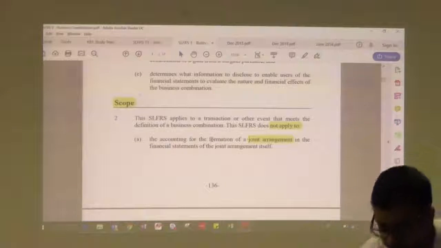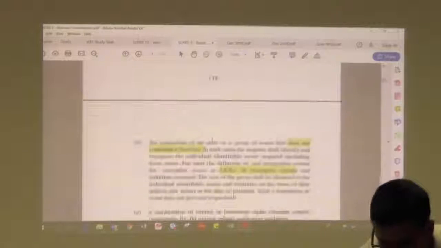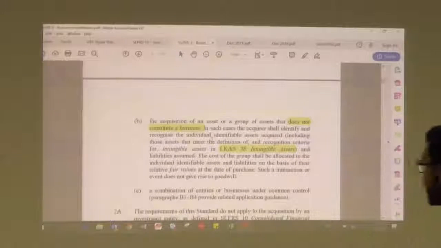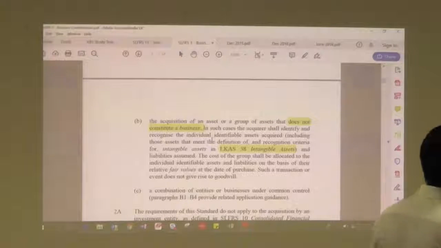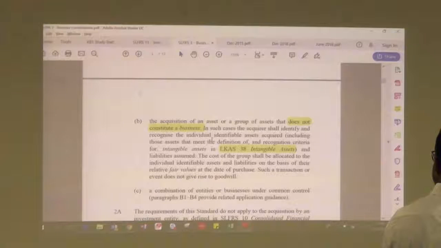Second one, what is out of scope again? The acquisition of an asset or group of assets that does not constitute a business. Does not constitute a business.